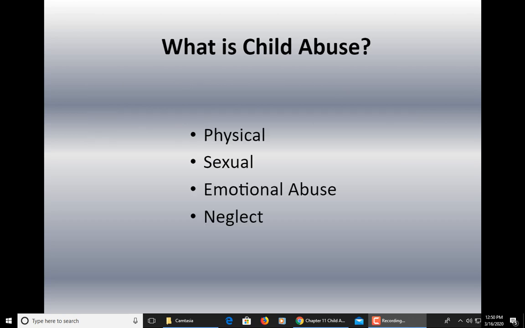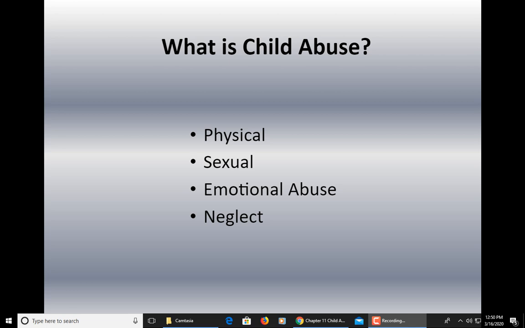So here are your four categories. You need to know these for testing purposes, but also I want to tell you about what is involved with each aspect. Now, first of all, emotional abuse, also known as psychological abuse.